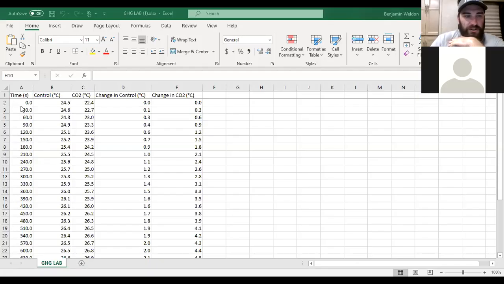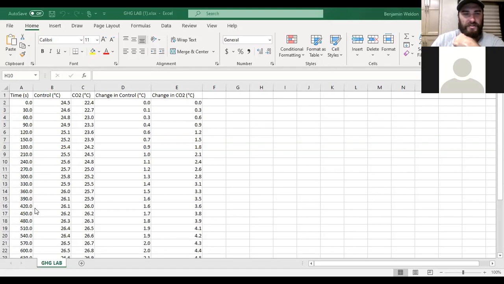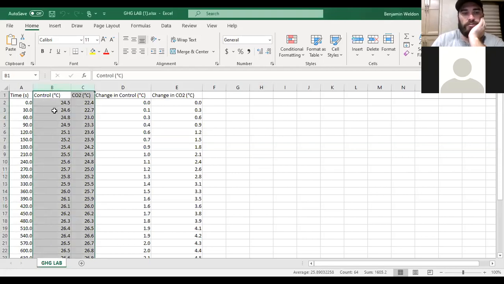Okay. So this first column you have is time in seconds. It goes all the way up to 900. These two columns right here, control and CO2, that's what you collected in the experiment.